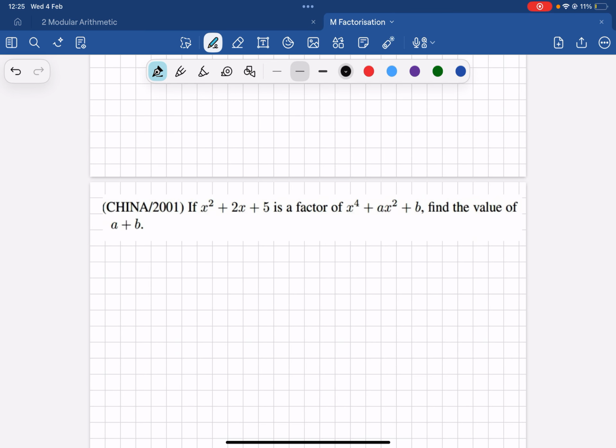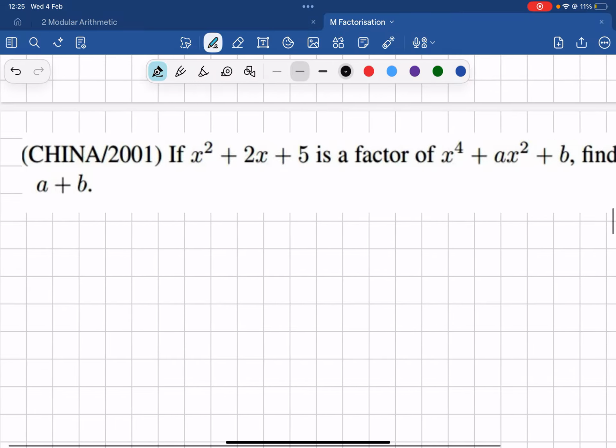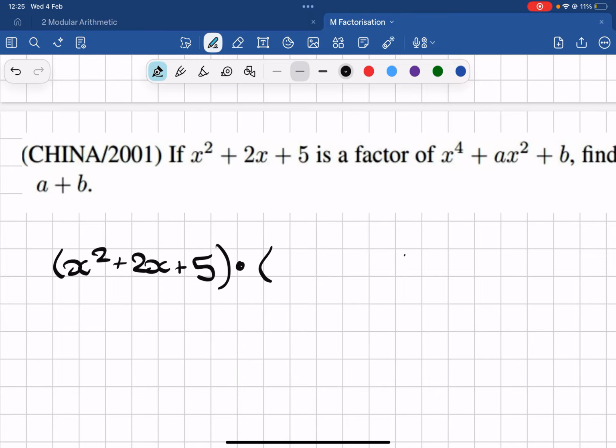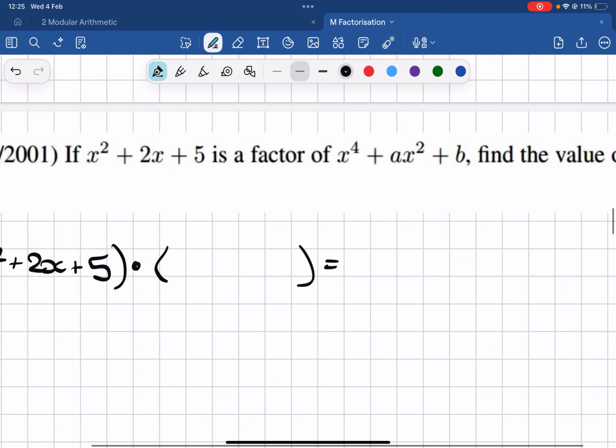Question number 2. If x squared plus 2x plus 5 is a factor of x to the 4 plus ax squared plus b, find the value of a plus b. So we know x squared plus 2x plus 5 multiplied by some term gives us x to the 4 plus ax squared plus b.